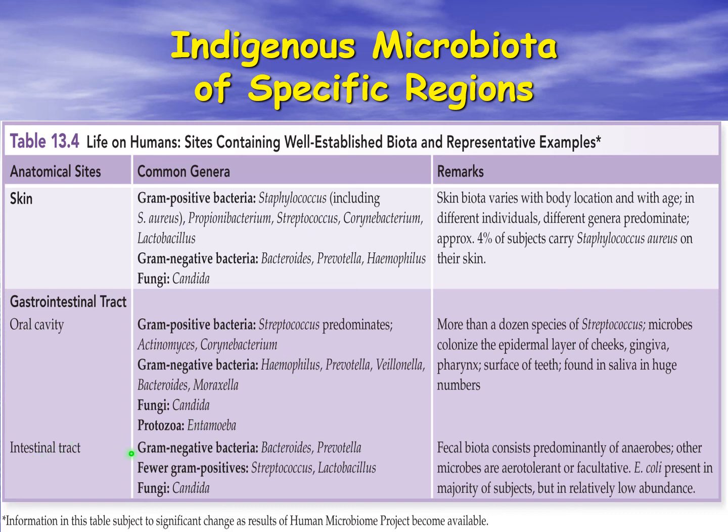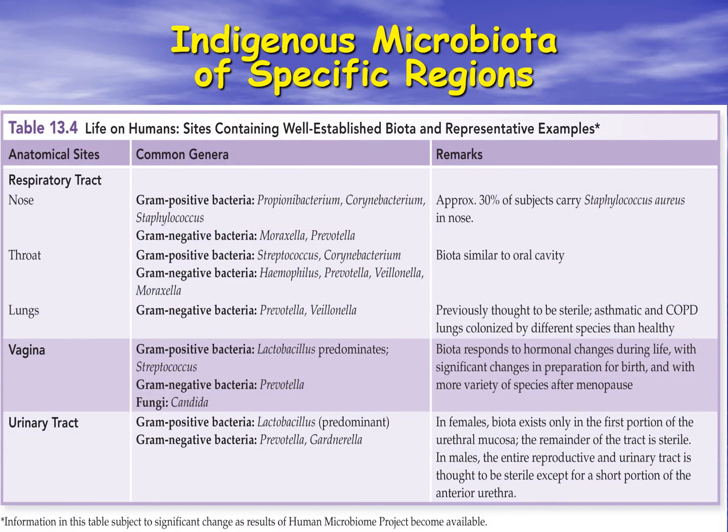In the intestinal tract, one of the big ones that we see is this guy right here, and that is lactobacillus. Lactobacillus is found on several areas of the body and is very protective. In the respiratory tract, again, a whole slew of organisms that we normally will see.